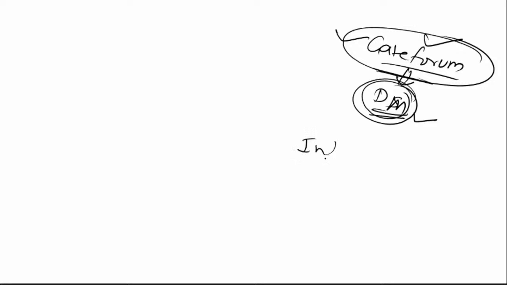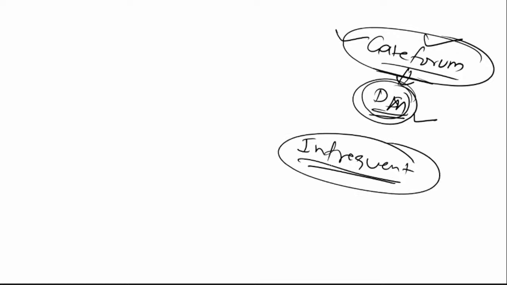I call them infrequent because they are not coming in the GATE exam frequently, very infrequently they are asking these. So now I have covered them. Now every concept has been covered, no concept is remaining.